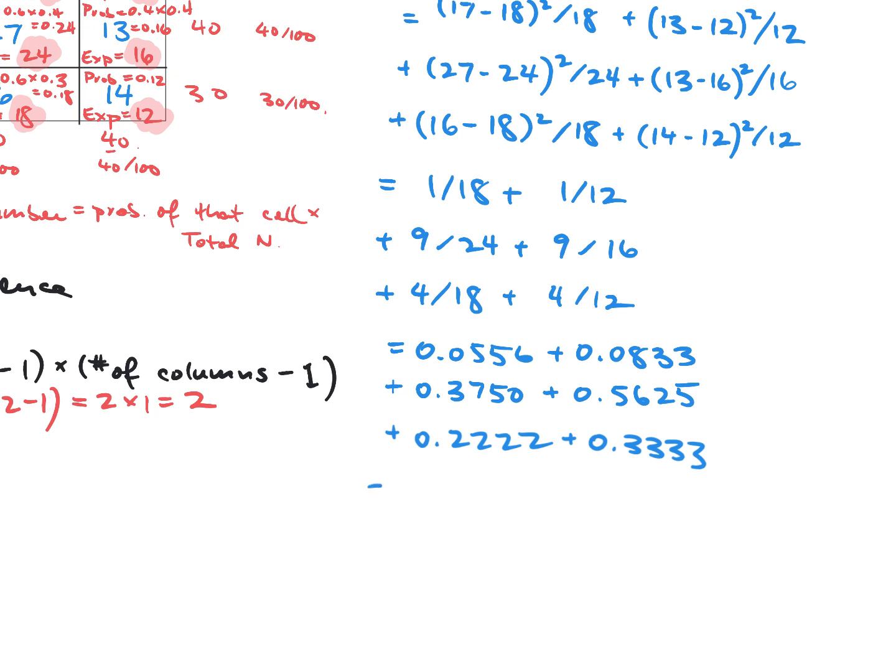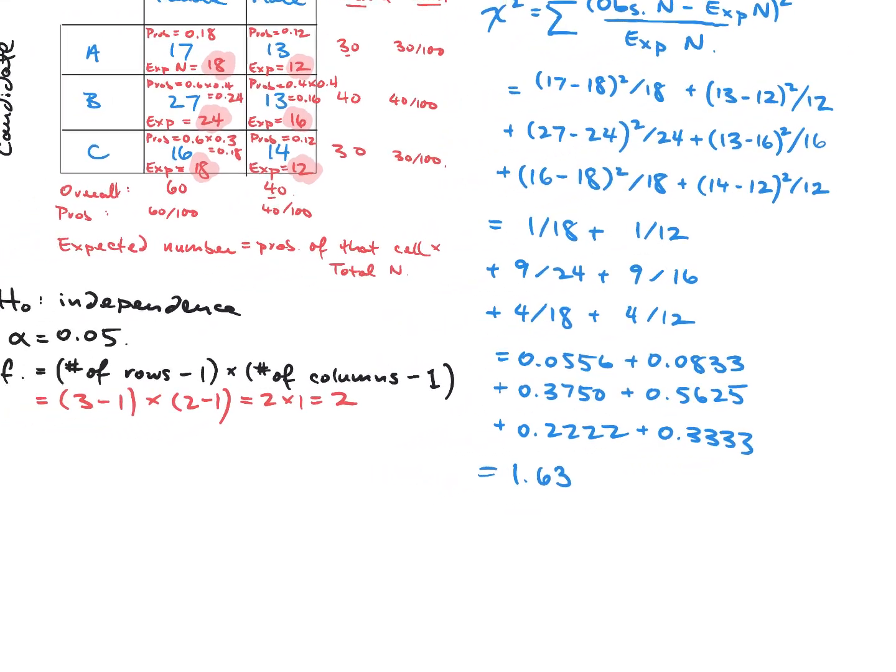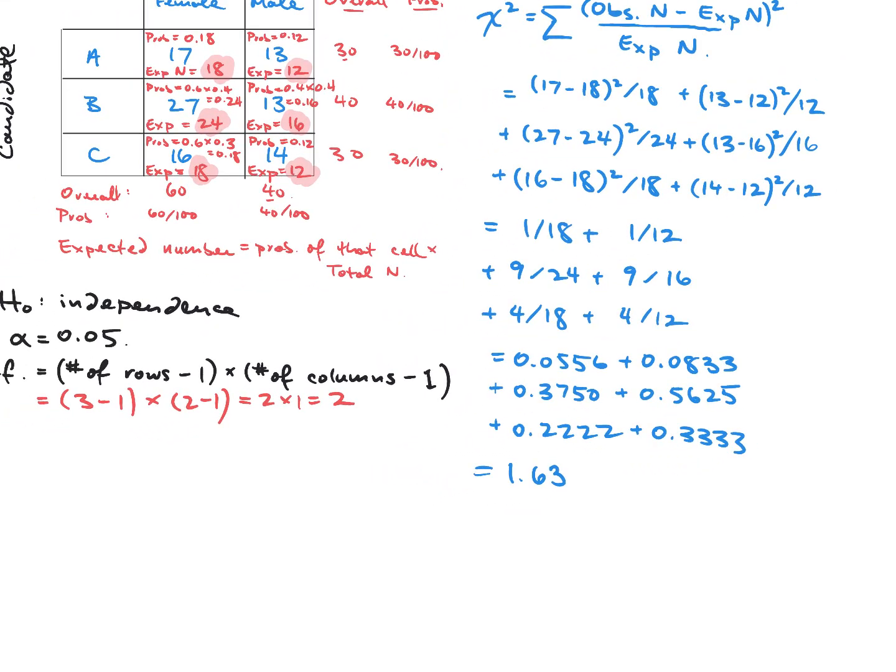Okay, now when I add these together, I get an answer of 1.63. Assuming that I've done all the math correctly, that's the value of our test statistic. Okay, got it? So good. Only one more step.